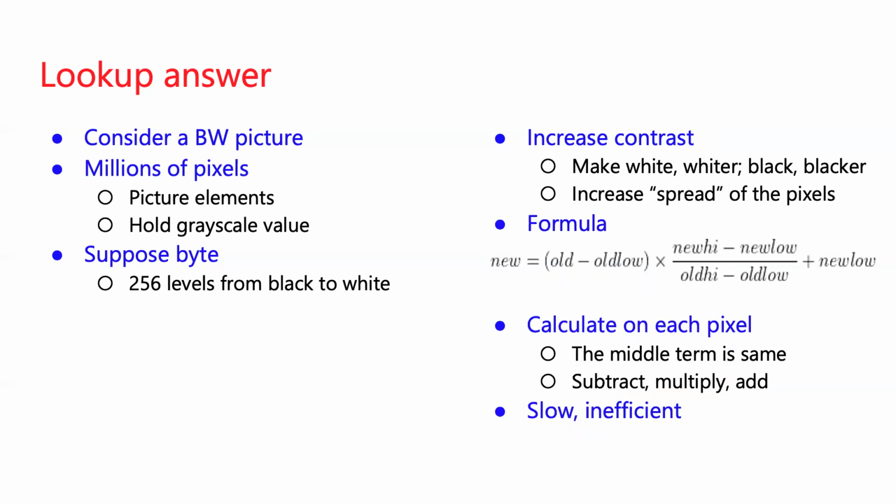Over here on the right is a formula that we could use to increase the contrast. If we know the range of pixel values from old low to old high, that being the minimum and maximum intensity values in our original image, and we wanted to stretch those out to a new high and low value, then this computation would let us do that.